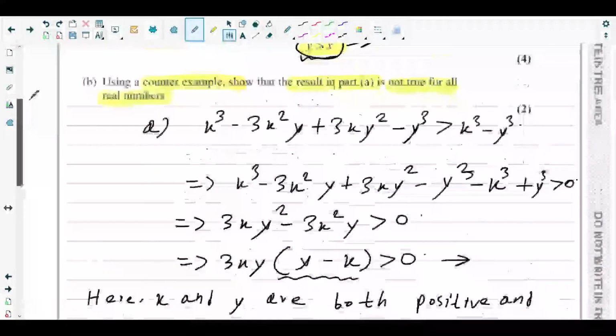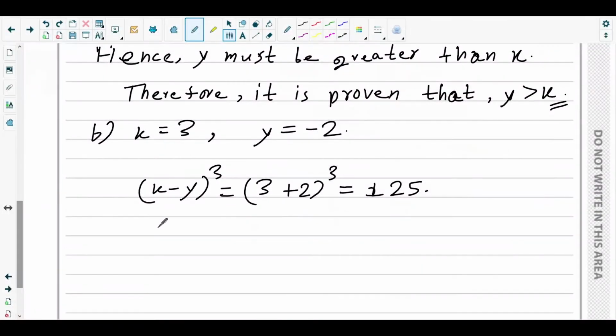The right hand side of the inequality is x cube minus y cube. That would give you 27 minus (-8), which is plus 8. So 27 plus 8 is 35.